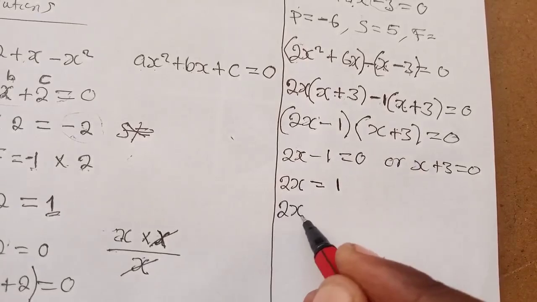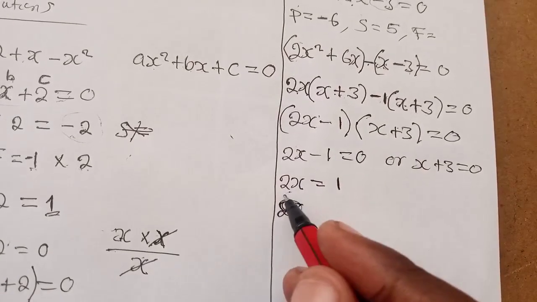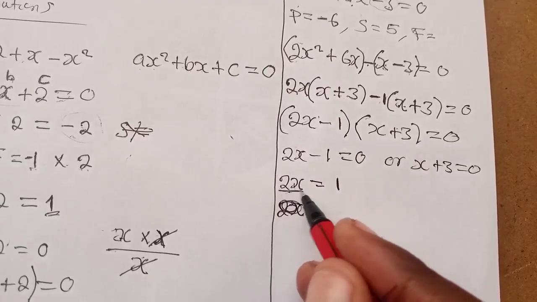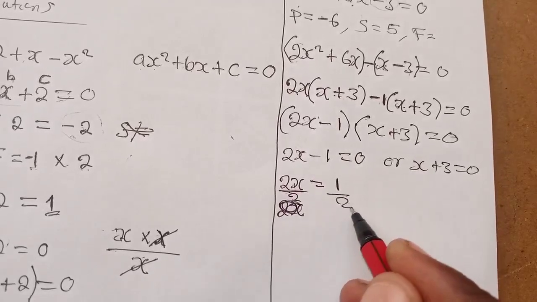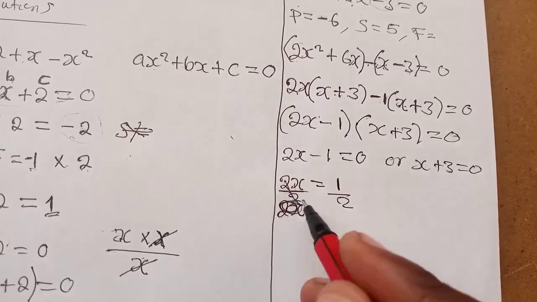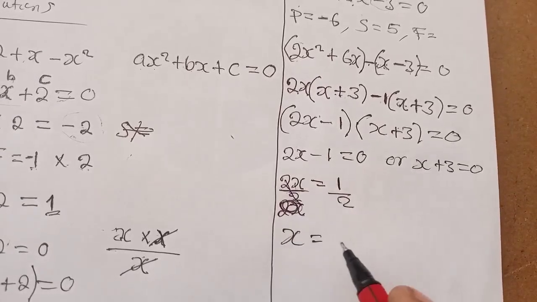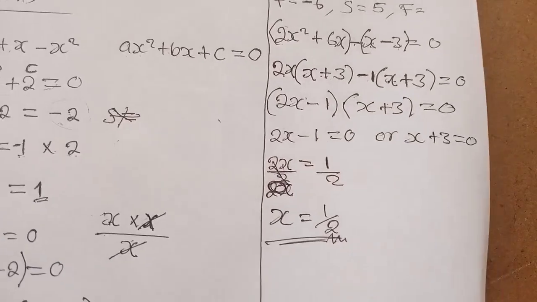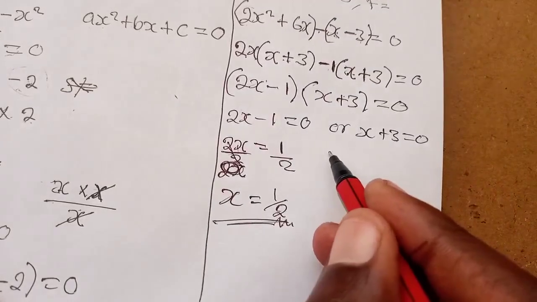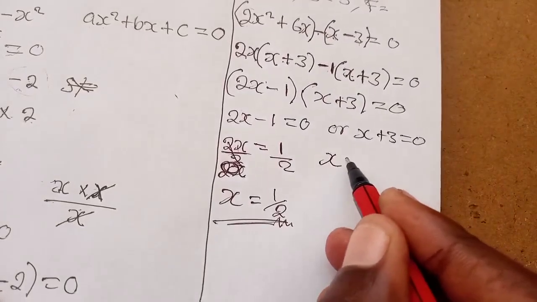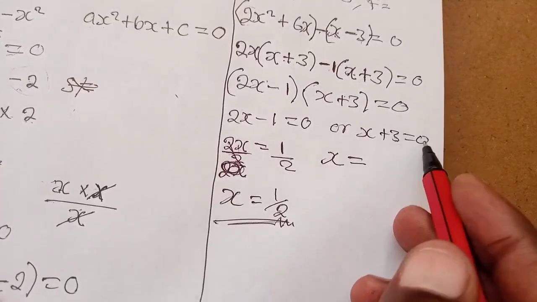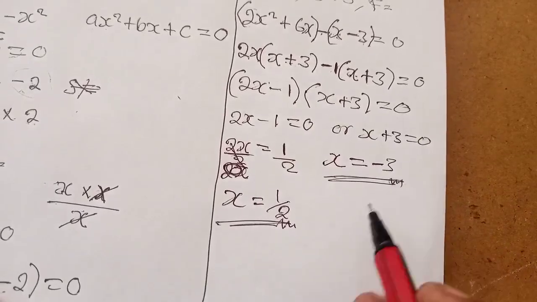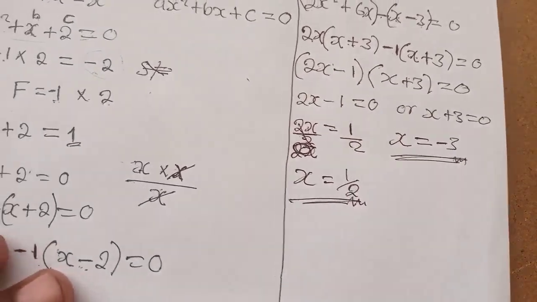You are looking for x, so you divide both sides by 2, so the 2 goes, then x is equal to half. So this is the first answer for x. Then x is equal to, when it comes this side, negative 3. So these are the possible solutions for the value of x.